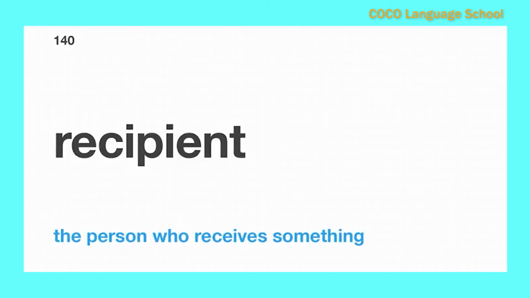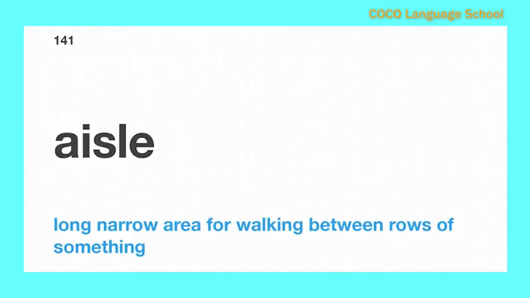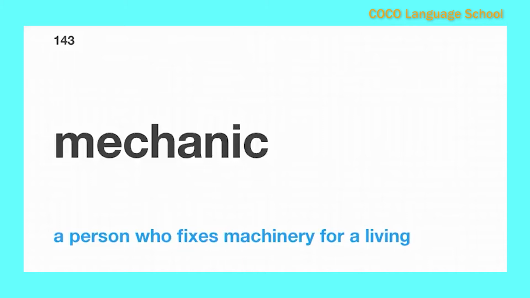Recipient. Long narrow area for walking between rows of something. Aisle. Look over carefully. Inspect. A person who fixes machinery for a living.